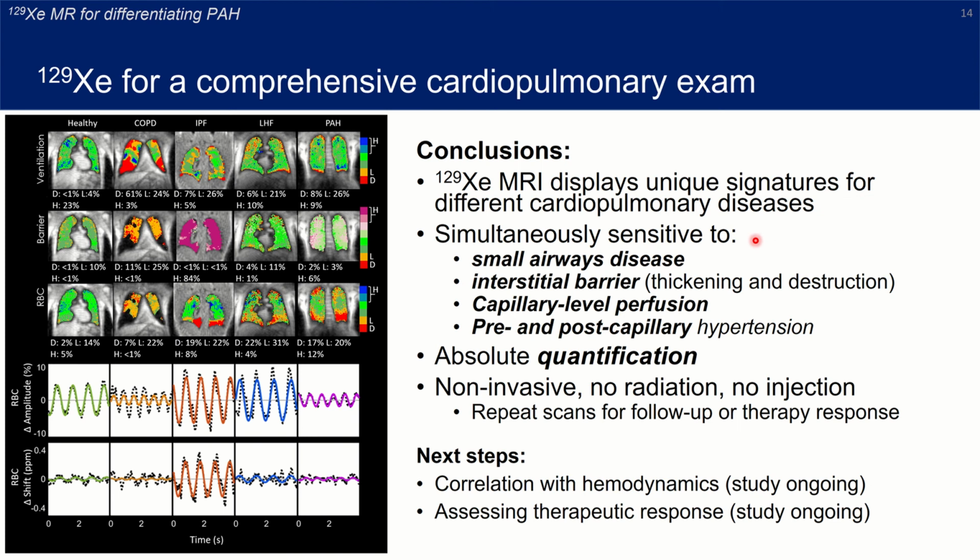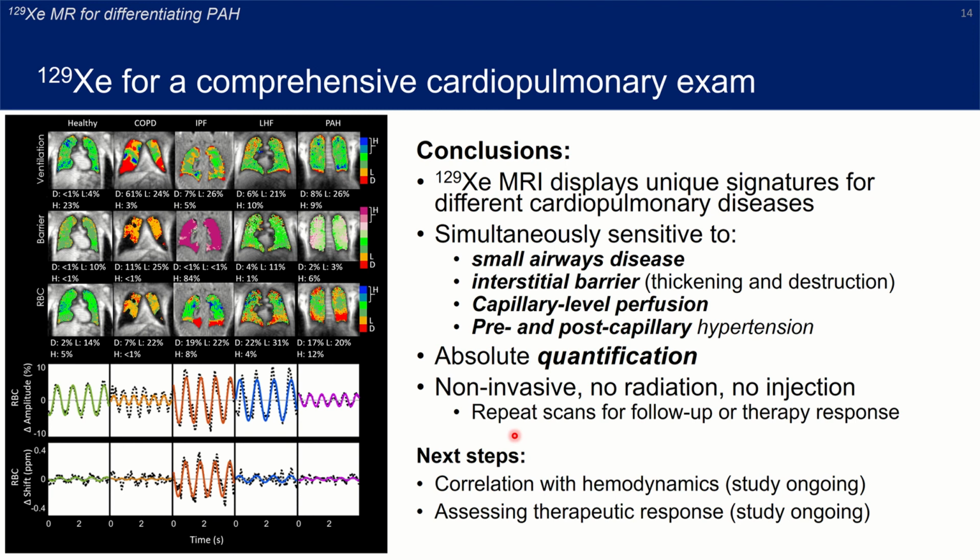The hyperpolarized xenon MRI is simultaneously sensitive to small airways disease, interstitial thickening, such as in IPF, capillary level perfusion, and pre- and post-capillary hypertension. It allows for quantification, unlike many of our other tests. And again, it can help differentiate pre- and post-capillary hypertension, which clinically is a major problem for us in the PH clinic. It's non-invasive, no radiation, no injection, and it also has the possibility of repeated scans for follow-up or assessing therapeutic response.